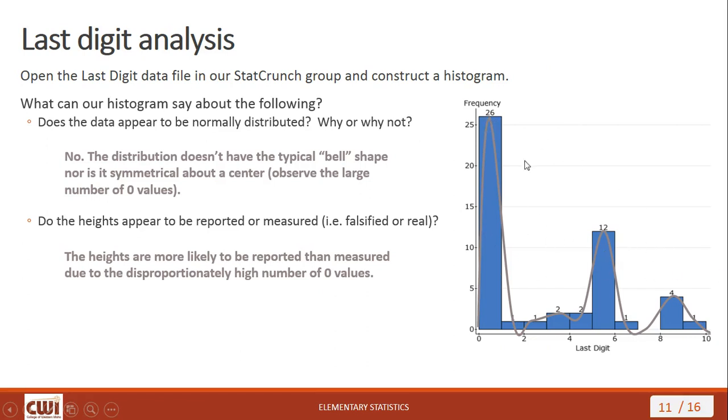You shouldn't see this huge disparity between zeros and fives and everything else that's there in the data set. So this is an indication that, well, yeah, you're probably making some of this stuff up, or your selection process is not completely random like you think it is. You might want to go back and look at how you're sampling your data.